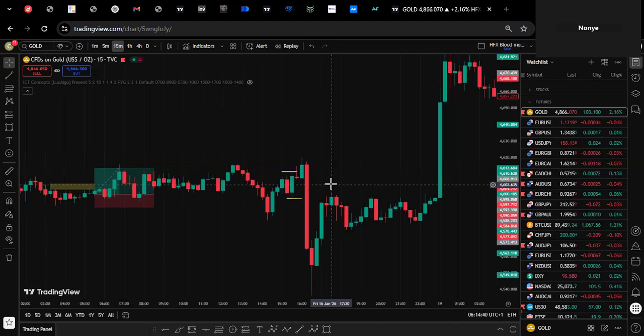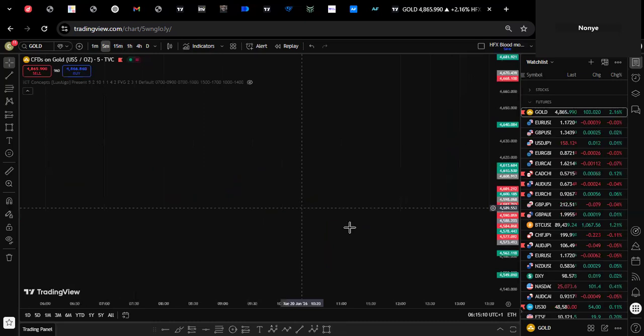Once you've done that, your deal is anywhere the market breaks from. If it breaks from below, you sell. If it breaks above, you buy. But you can only get that from the 5 minutes time frame.